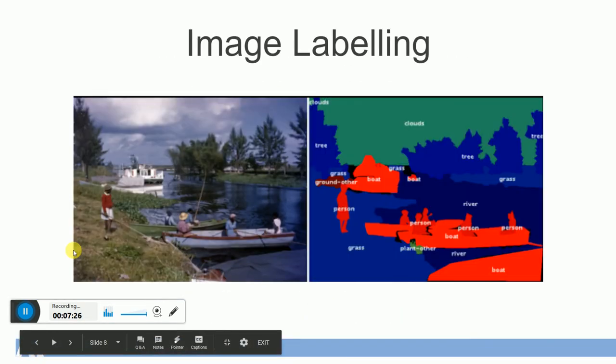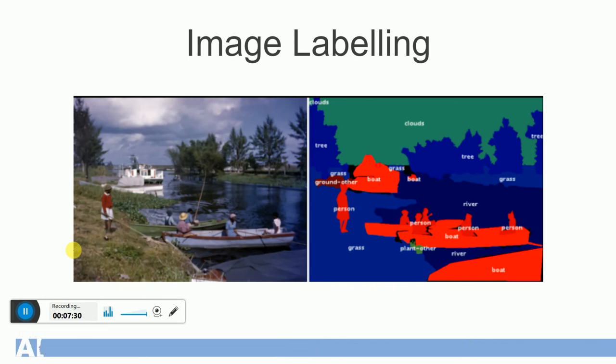As said by the research scientists at Google, this fluid annotation is a first exploratory step towards making image annotation faster and easier. This is the technology behind image labeling.